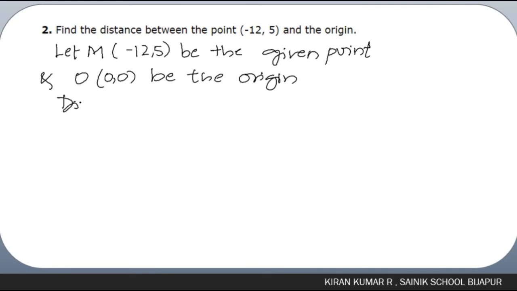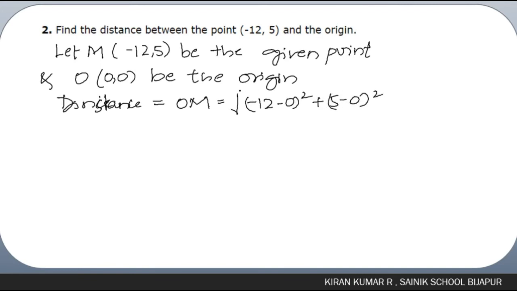Therefore, the distance between these 2 points is given by OM. This will be root of (minus 12 minus 0) the whole square plus (5 minus 0) whole square, which will be root of 144 plus 25, which is root of 169.